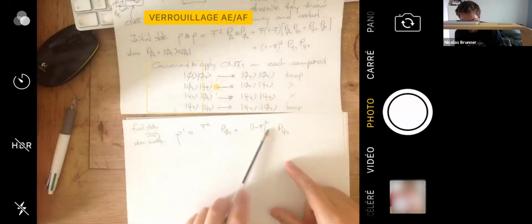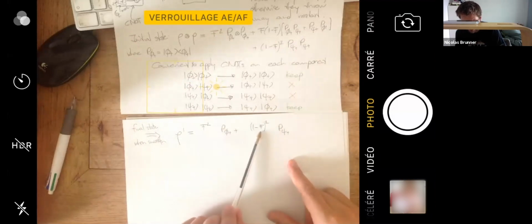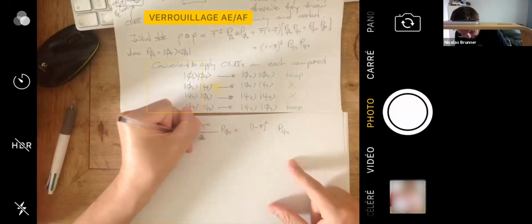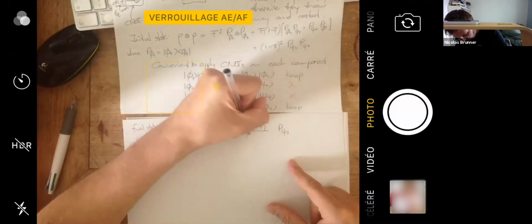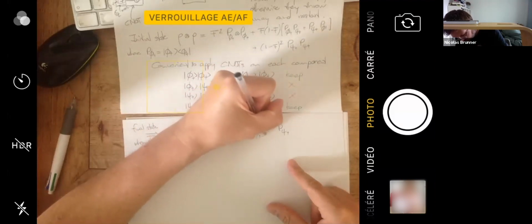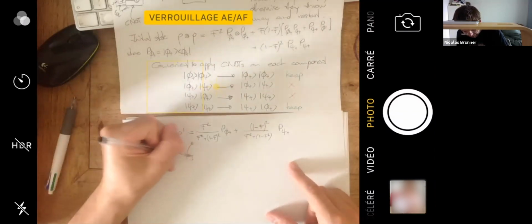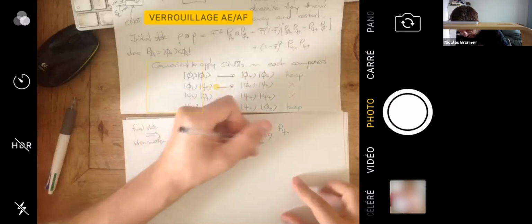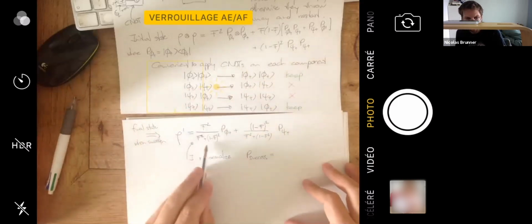However, notice now that this is not a normalized state, right? Because f squared and 1 minus f squared do not sum to 1. So I'm going to renormalize the state. So I'm going to divide by f squared plus 1 minus f squared. Okay. So here I renormalize. And note that the probability of success is just my normalization, right?